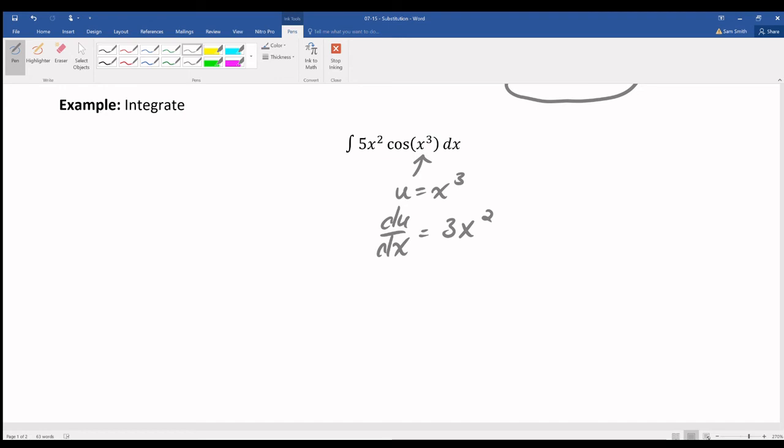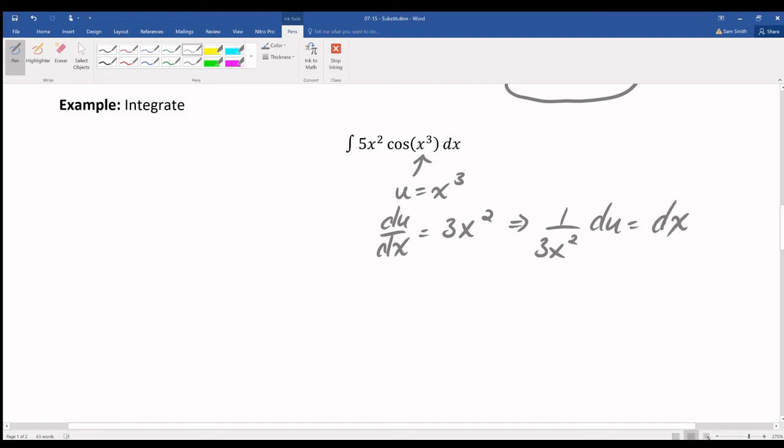So let's suppose that I went ahead with this u substitution, and I just tried it out to see if it will get me an integrand that I can actually work with. 1 over 3x squared du is equal to dx, solve for dx, and let's integrate 5x squared cosine of what is now u instead of x cubed, and we can replace dx with 1 over 3x squared du.